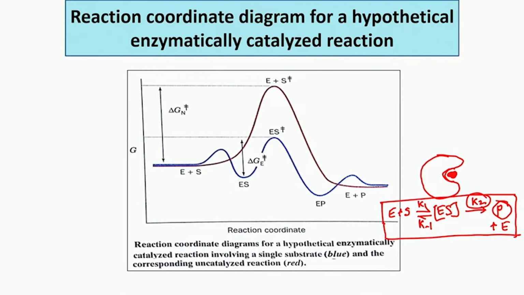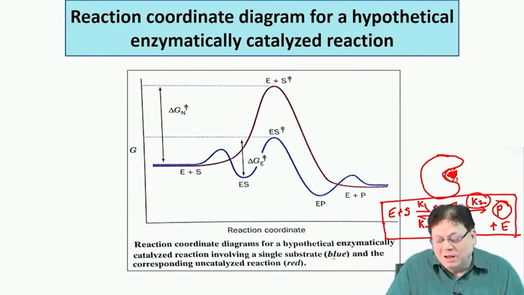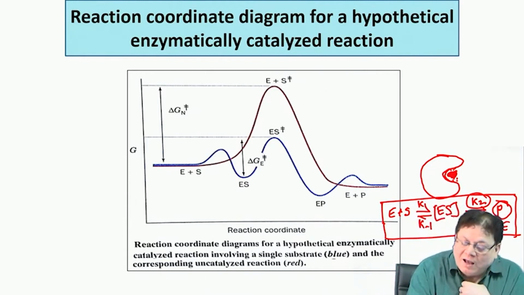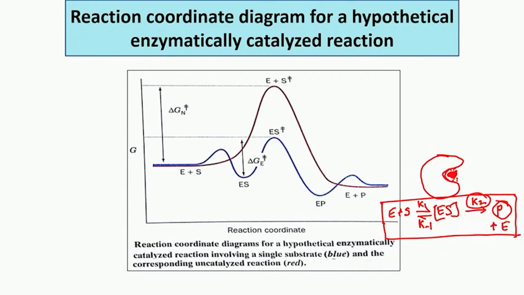Why will the substrate go here? Because there are weak interactions that stabilize this complex, okay, like hydrogen bonding or salt bridge formation or hydrophobic interactions. So, all these weak interactions play a part in this binding. But that also has an activation barrier, because every process needs an activation barrier. So, there is an activation barrier like this, but that is a very small activation barrier, and you form the ES complex.